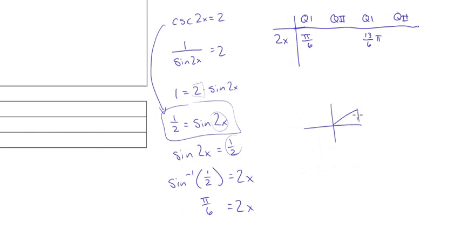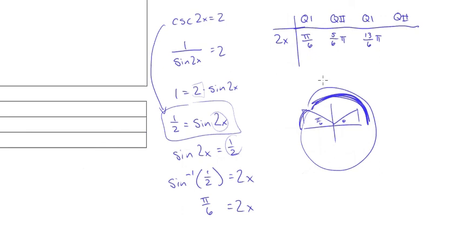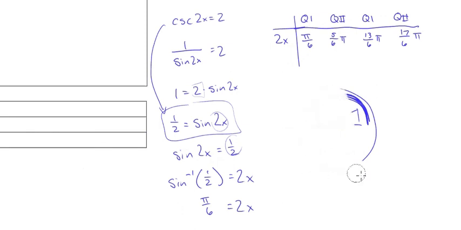If here's quadrant 1, now that same reference angle, pi over 6, is being subtracted from pi, so this is going to be 5/6 pi. The next time we're in quadrant 2, add 2 pi to that. So add 12/6 to that. We have 17/6 pi.